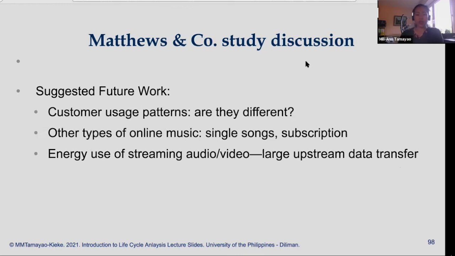This was done more than 15 years ago, I think, so now it becomes even more interesting with the heavy reliance of the world on the internet and all things digital.